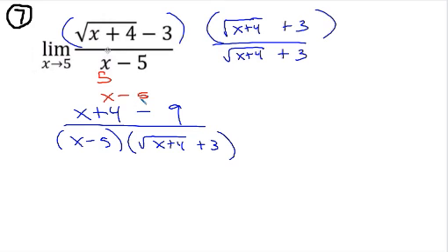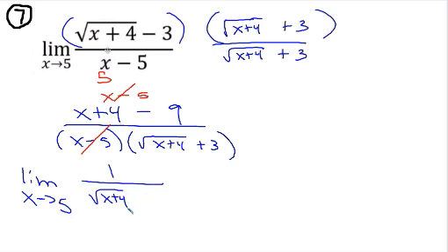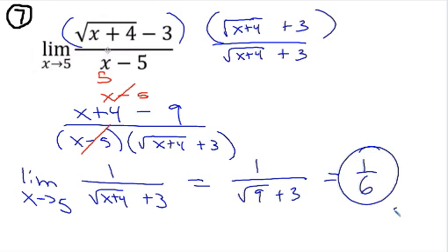And so now we can cancel out the x minus 5s. We got rid of the problem. And so now I can reevaluate the limit as x approaches 5 of 1 over the square root of x plus 4 plus 3. Now I can substitute. I have 1 over the square root of 9 plus 3, which is 1/6. And yay for us, we did a good job on that problem. And we will stop there for today.